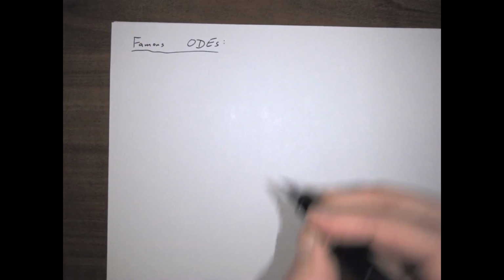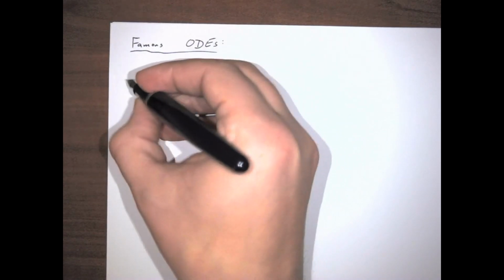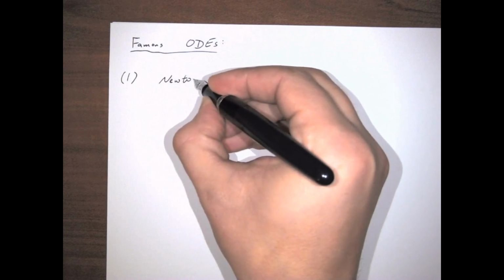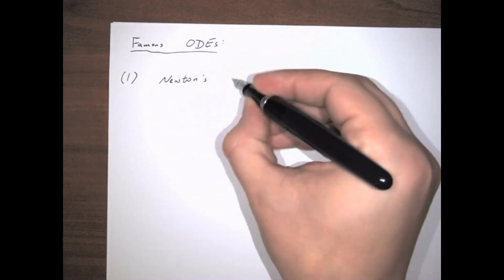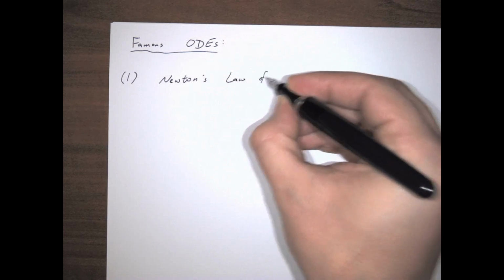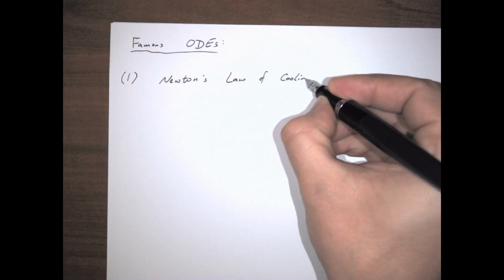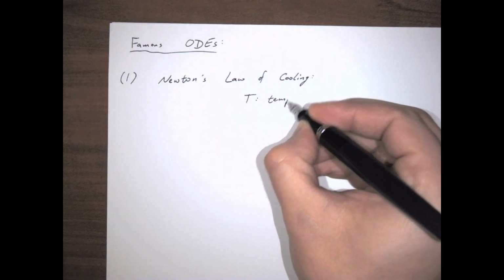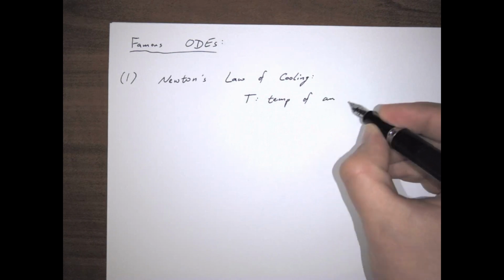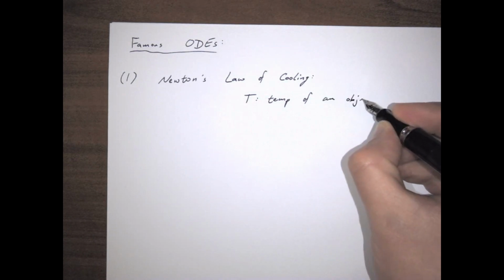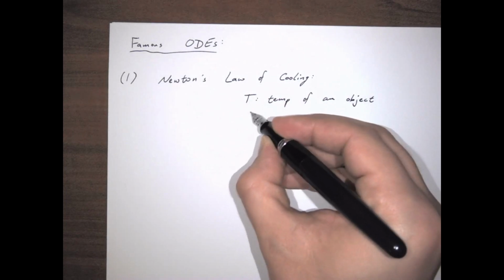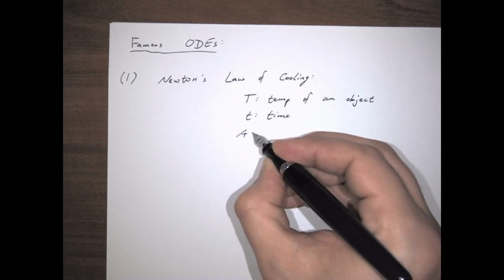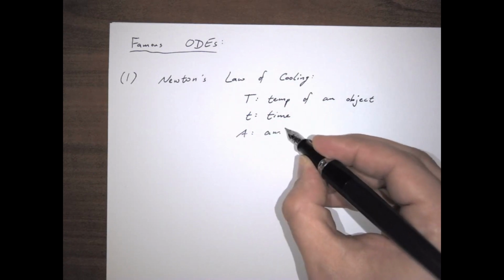All right, so a famous ordinary differential equation comes from, for example, Newton's law of cooling. So T here is going to be the temperature of an object. Little t is going to be time. A is going to be the ambient temperature.